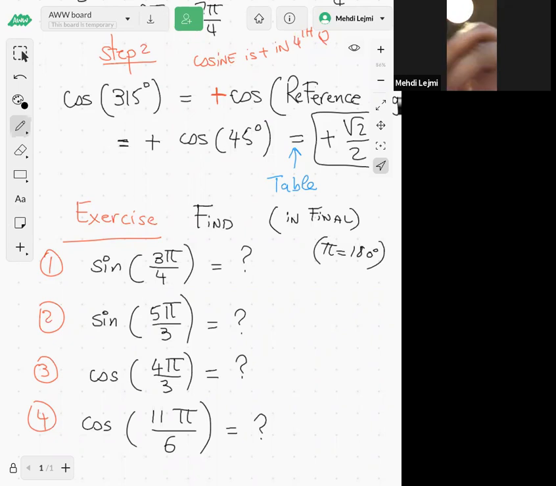Elizabeth, number two, minus square root of 2 over 2. Yes, very good, Elizabeth. Absolutely.